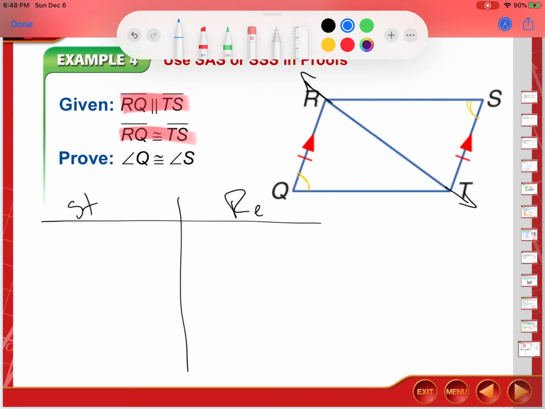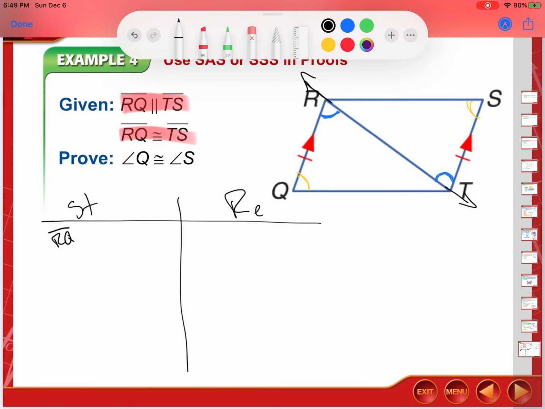And we know, based on what we learned in chapter 3, that our alternate interior angles are congruent. So this angle right here is congruent to this angle right here.